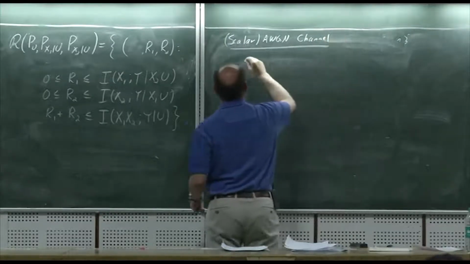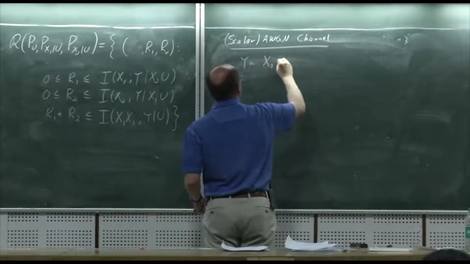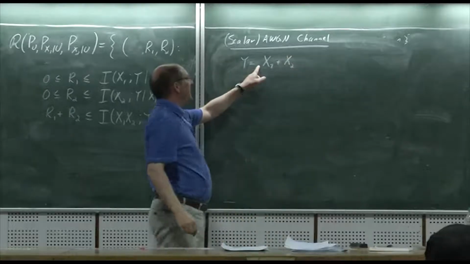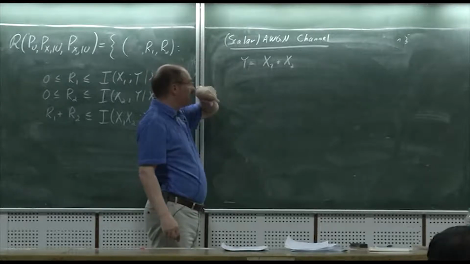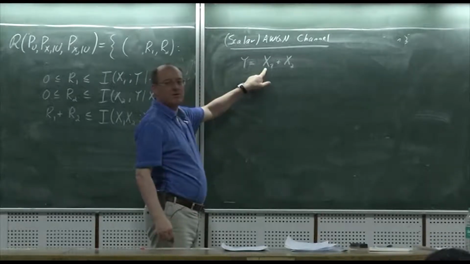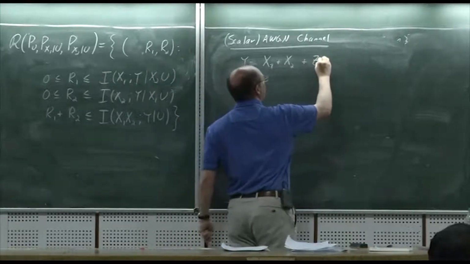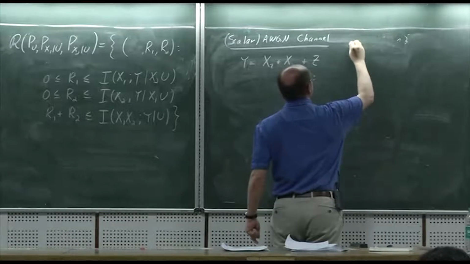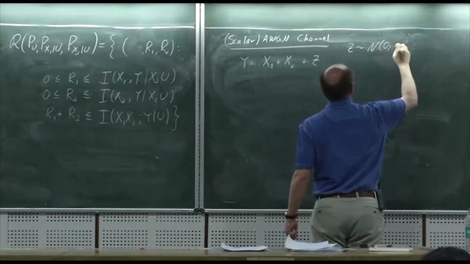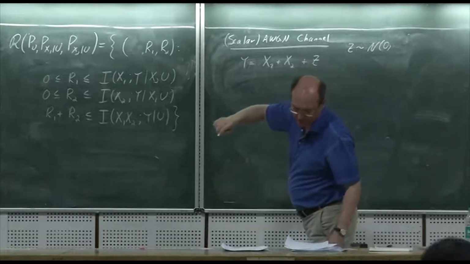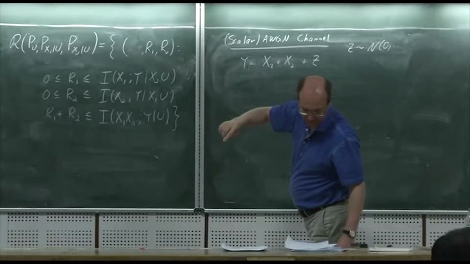Okay, the usual model, Y, and for now let's just make it a channel without adding gains here, like gain H1 for one user, H2 for another user, but I can always swallow the gain into the power constraint, right, if I want to. So let's just work with this, plus Z, where Z is zero mean, variance n.